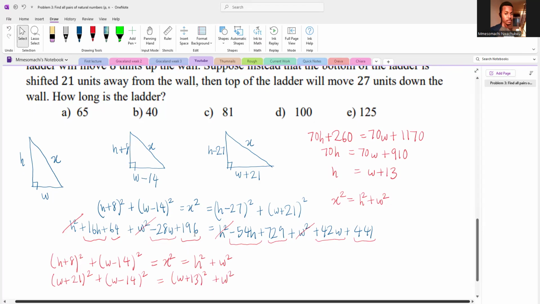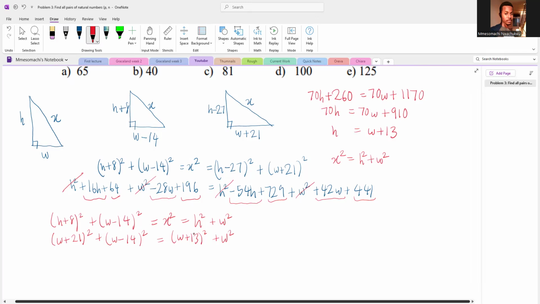So let me scroll down. So we have W squared plus 42W plus 441 plus W squared minus 28W plus 196 equals to W squared plus 26W plus 169 plus W squared. So let me change color. W squared and W squared can cancel out from both sides of the equation.